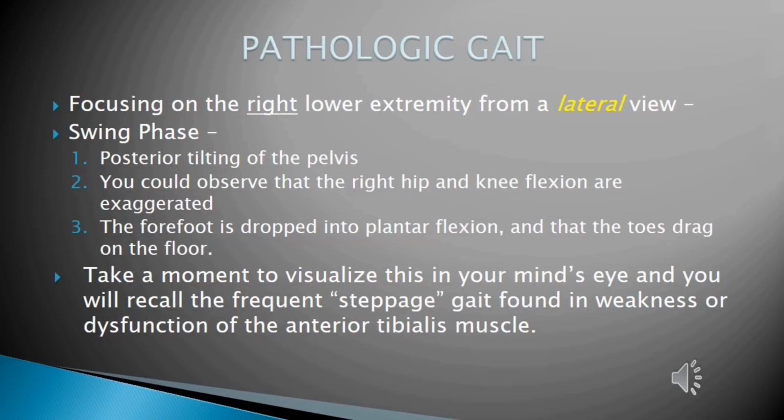You could observe that the right hip and right knee flexion are exaggerated, and the forefoot is dropped into plantar flexion, and that the toes drag on the floor. Another example of exaggerated knee flexion involves the examinee who has limited extension of the knee due to degenerative arthritis or perhaps due to knee replacement.